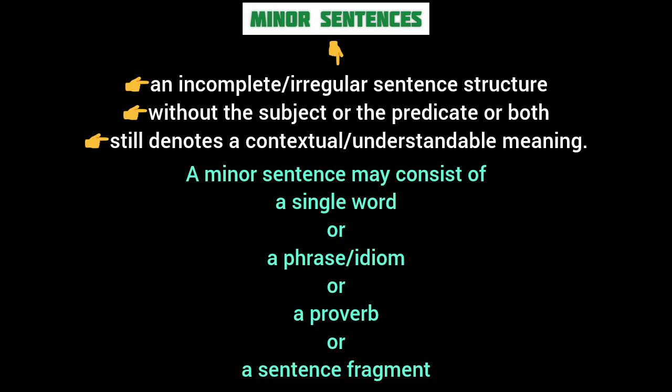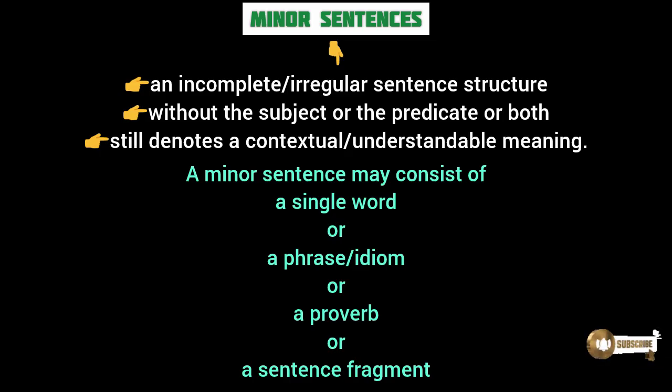However, a minor sentence in English grammar is quite different from a major sentence. It does not even conform to the standard definition of a sentence in English grammar. You see, a minor sentence actually has an incomplete or irregular sentence structure. In fact, a minor sentence is not made up of the subject-predicate combination.